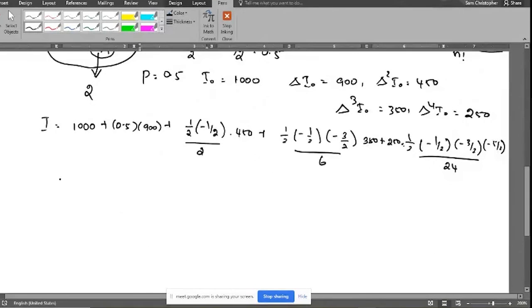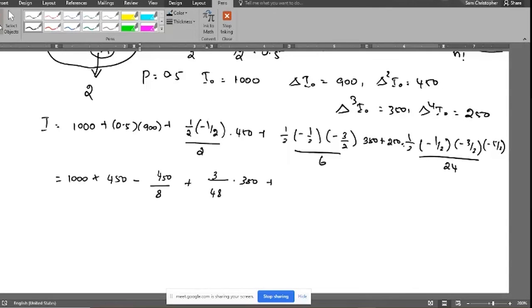So they will be coming together. 1000 plus 450 into minus 1 by 8, and 450 by 8. 2 cube 8, 8 6s are 48, 3 by 48, I think it gets cancelled, into 350.